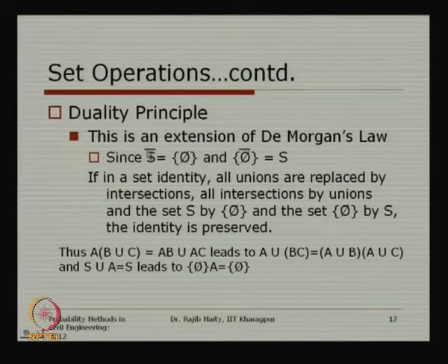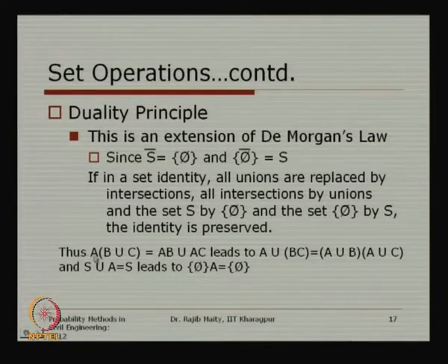And vice versa: if I take the complement of a null set, I get back the full set S. Now, if in a set identity all the unions are replaced by intersections, all the intersections by unions, the set S by the null set, and the null set by the full set S, the identity is preserved.